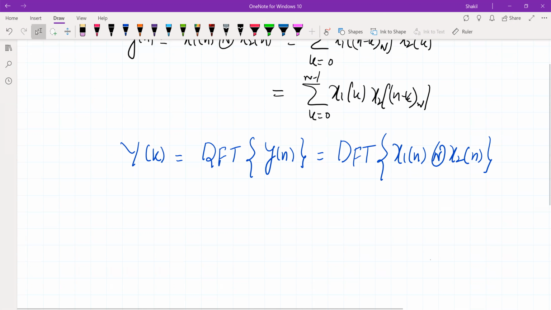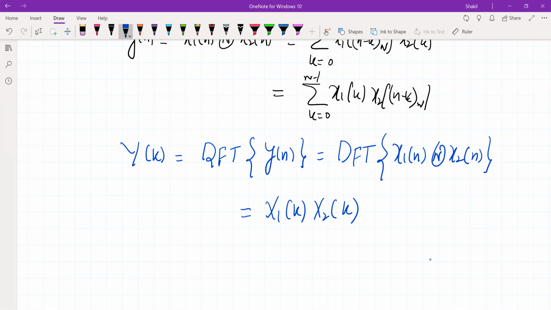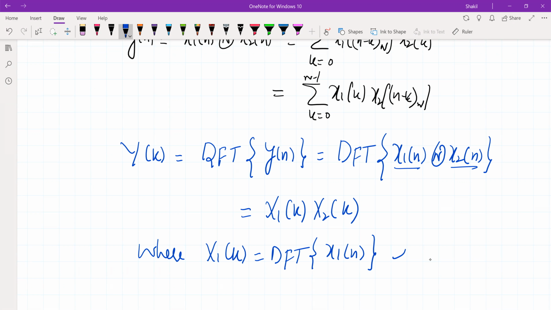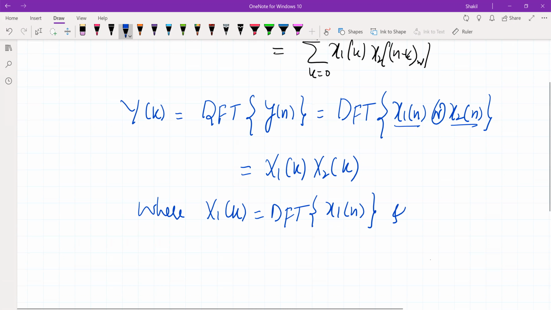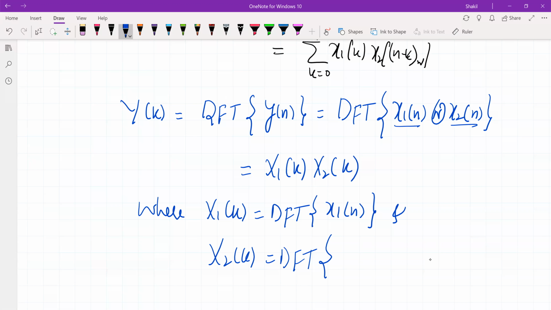If you see the derivation, this becomes simply the product of the DFTs of this, where X1 of k is the DFT of x1 of n and X2 of k is the DFT of x2 of n.